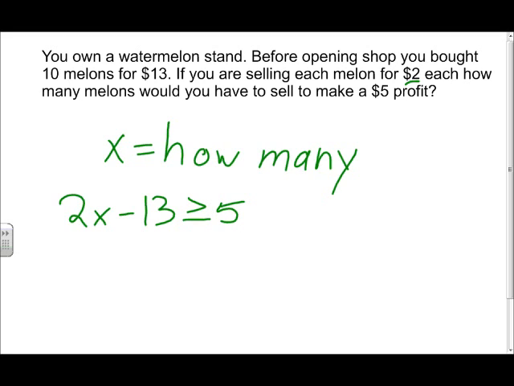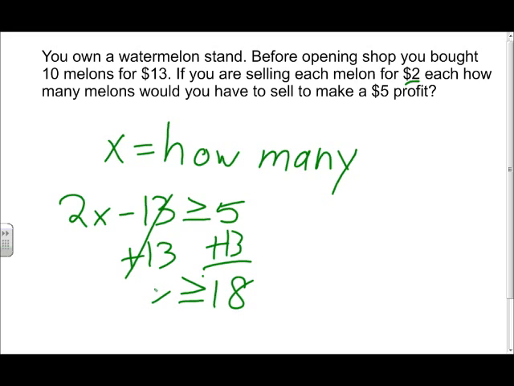Now, once you have this written out, you can solve it just like an equation, basically. You do plus 13, crosses out, plus 13, and down becomes 18 is less than or equal to 2x.